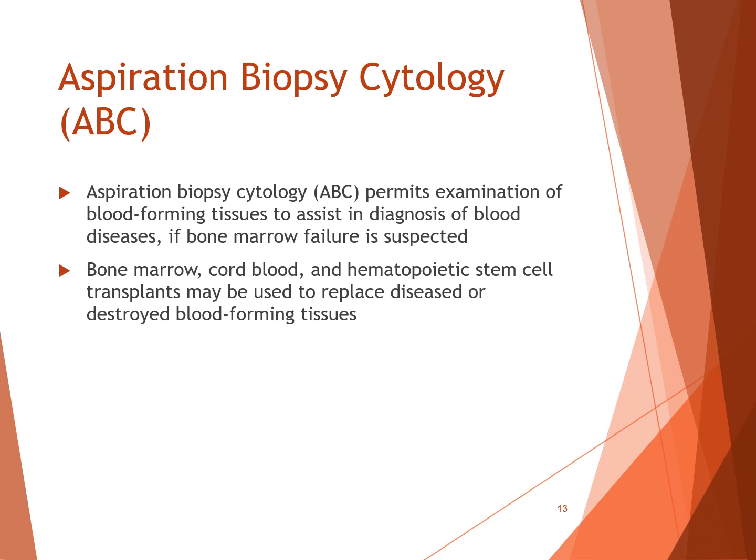If they do determine that there is some sort of failure, then they can do a bone marrow transplant, and that is typically from hematopoietic stem cells that can help regenerate the bone marrow and produce normal blood cells.